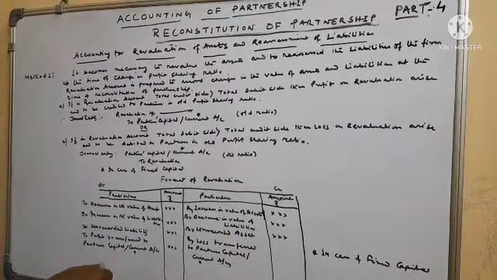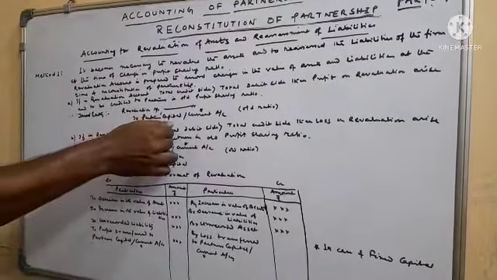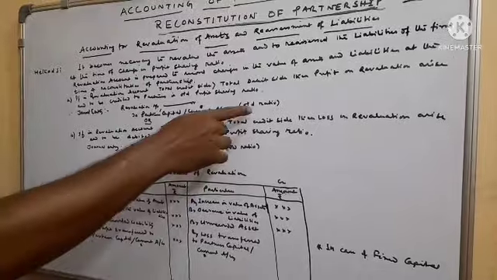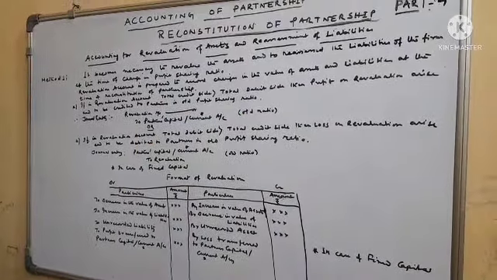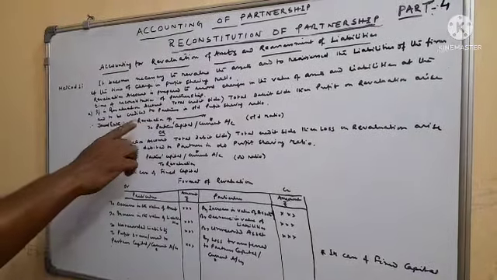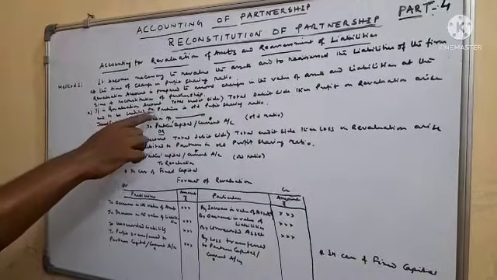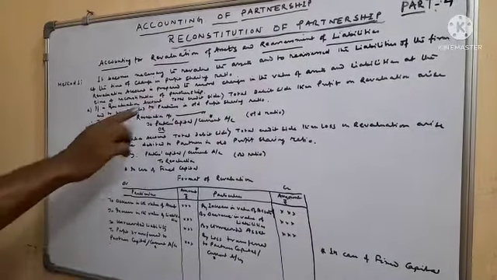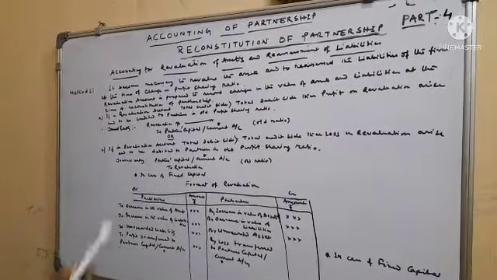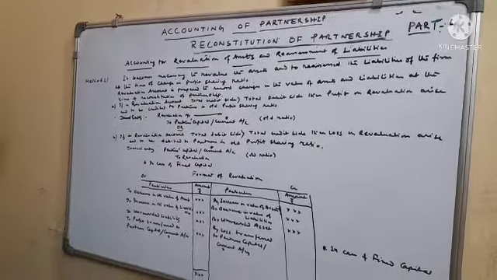For profit on revaluation, general entry will be revaluation account debit to partner's capital or current account. Profit will be distributed in what ratio? Profit will be distributed in the old ratio. So in case of profit, it will be credited to partner's capital account in old profit sharing ratio.